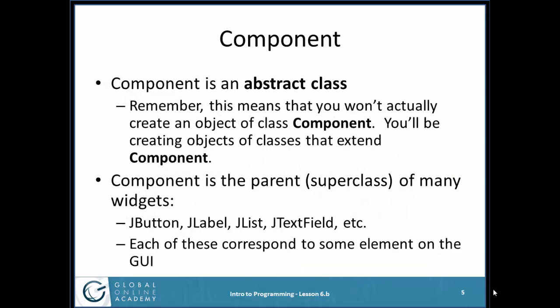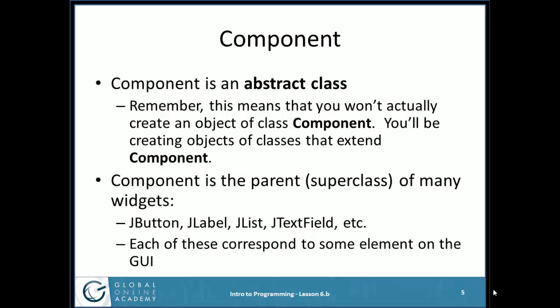We'll talk about components. A component is an abstract class. Remember from our last lesson, in lesson 5, an abstract class is something you won't actually create an object of. You're not ever going to say some object is a new Component. You'll be creating objects of classes that extend Component.